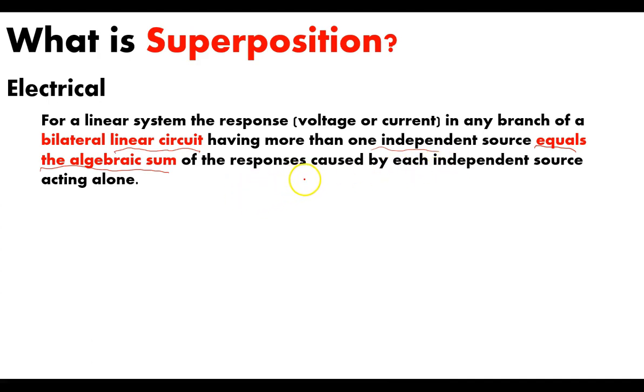So again, if you've got a circuit with two independent sources, the overall current is going to be the sum caused by each one of those sources.